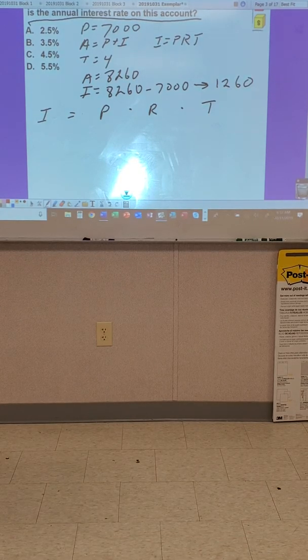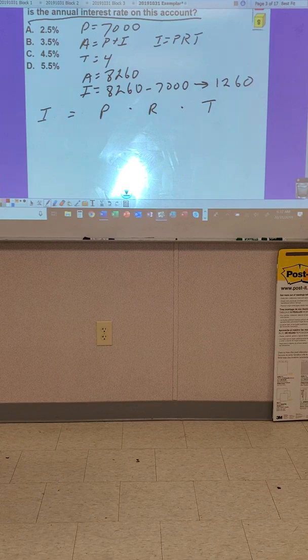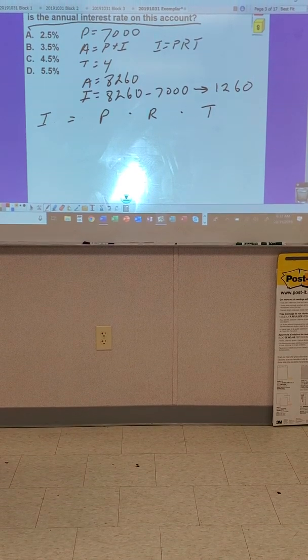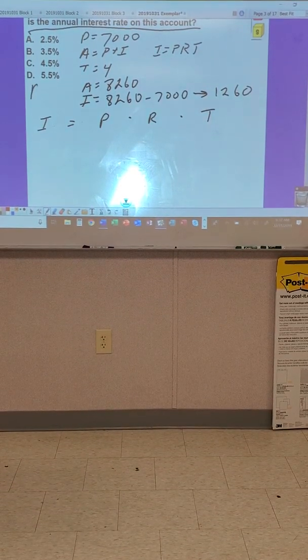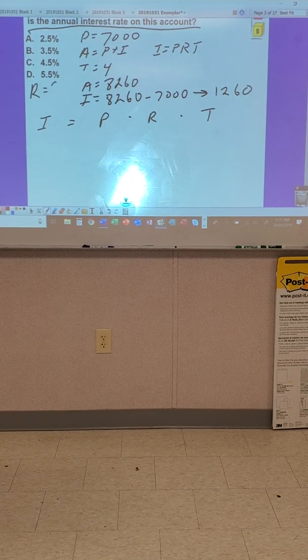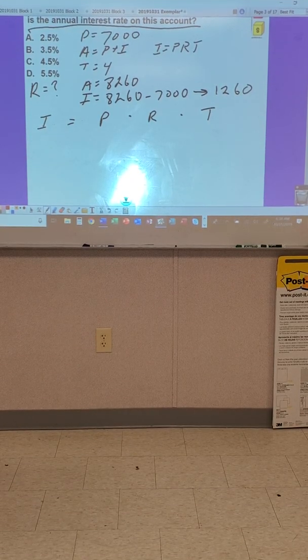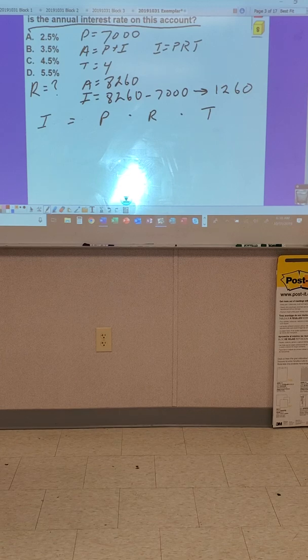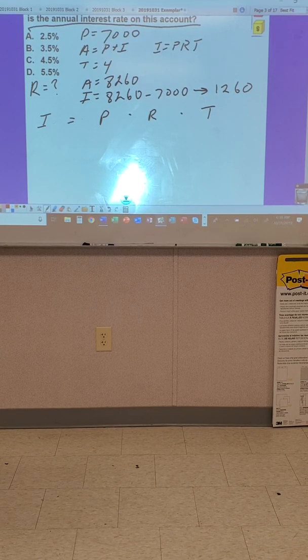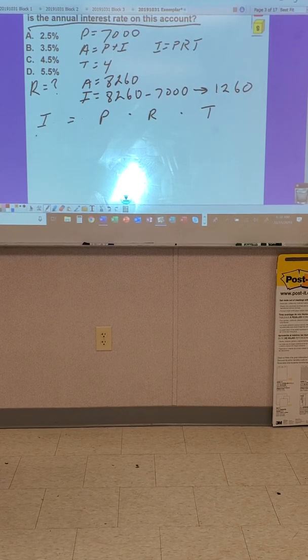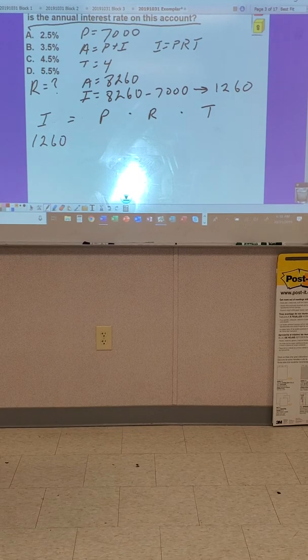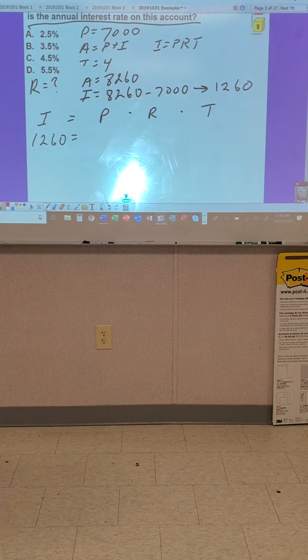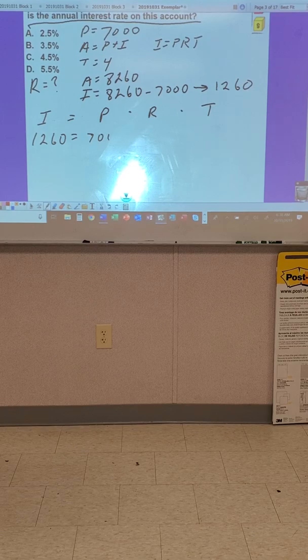We know all of these pieces except for the rate, and that's what we're looking for. That's our question. Let's plug in what we know. Our interest equals $1,260, and we know we started with $7,000.